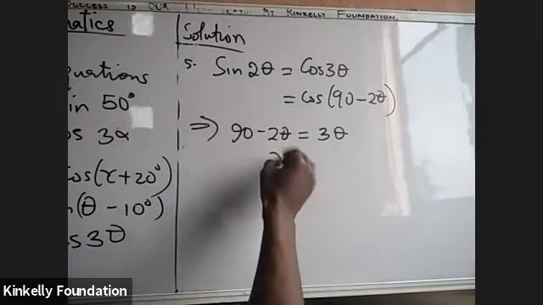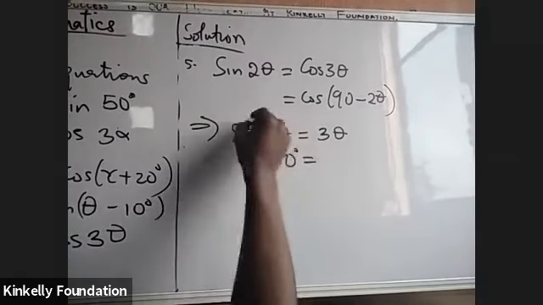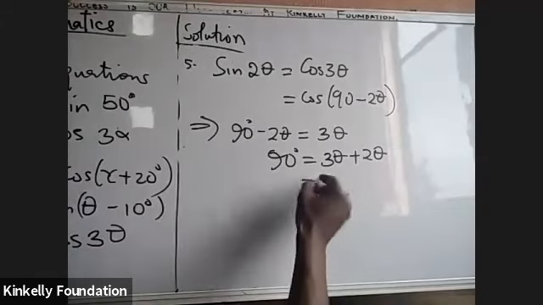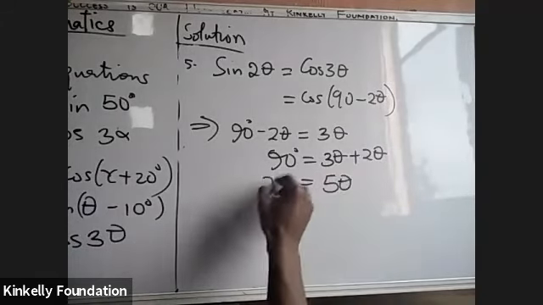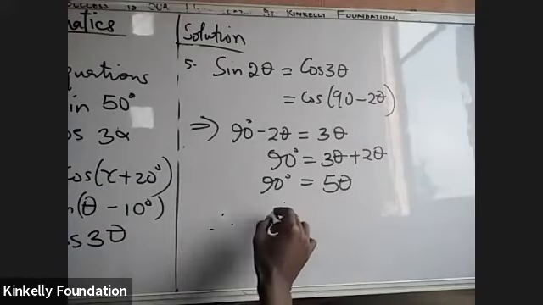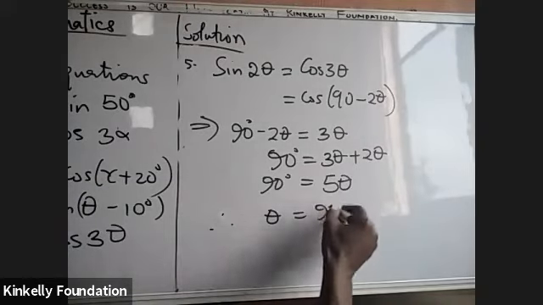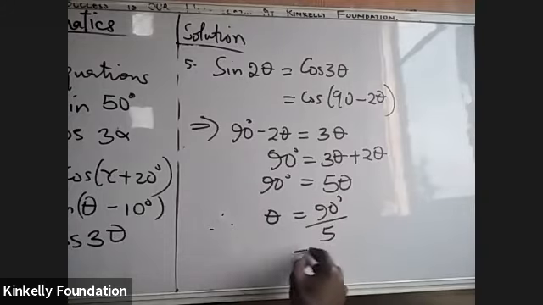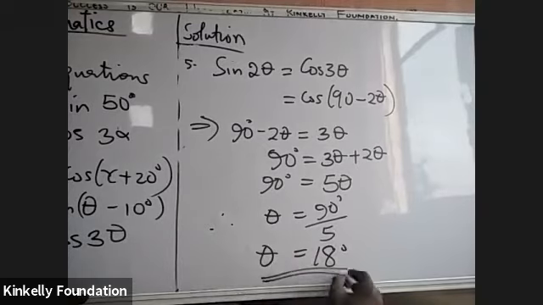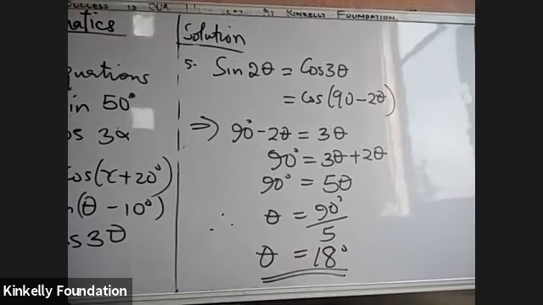So what we have here will be 90 degrees equal to 3 theta plus 2 theta, to give us 5 theta equal to 90 degrees. Theta will now be 90 degrees divided by 5. What will we have? 18 degrees. That's the value for theta.